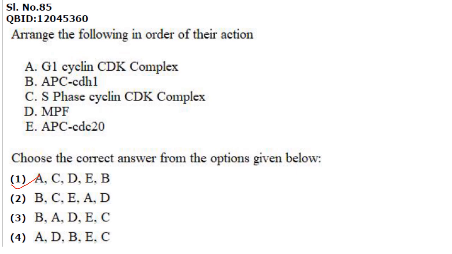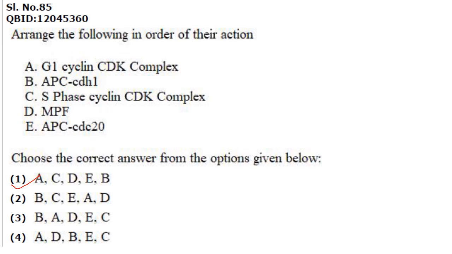So first one will be your G1 phase. Then comes the S-phase cyclin, that is S-phase cyclin CDK complex. Then comes your mitosis phase, MPF. MPF is maturation promoting factor that promotes entrance into mitosis.